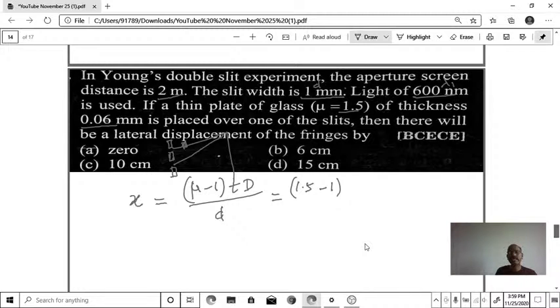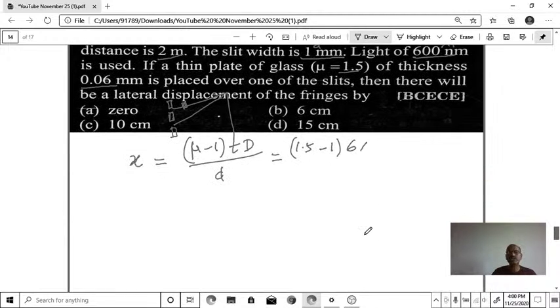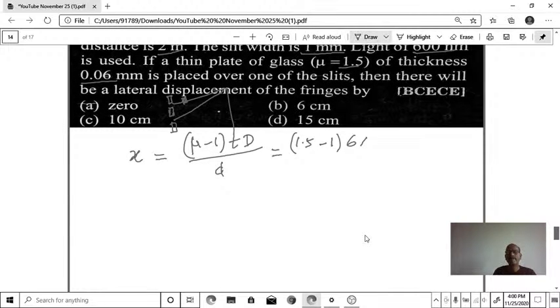Converting millimeter into meter, 10 power minus 3, 0.06 mm becomes 6 into 10 power minus 5 meter. So we substitute 6 into 10 power minus 5, t, into capital D.